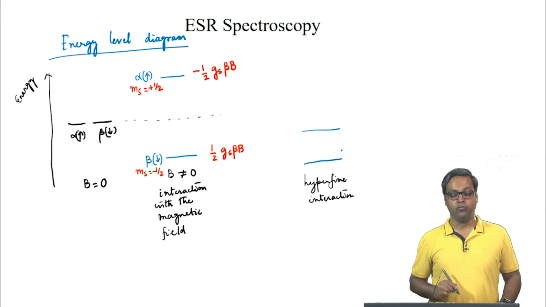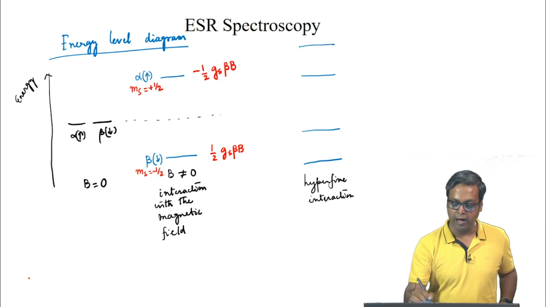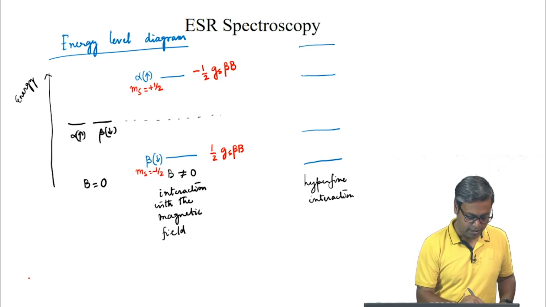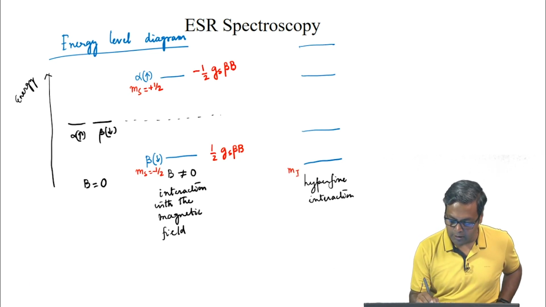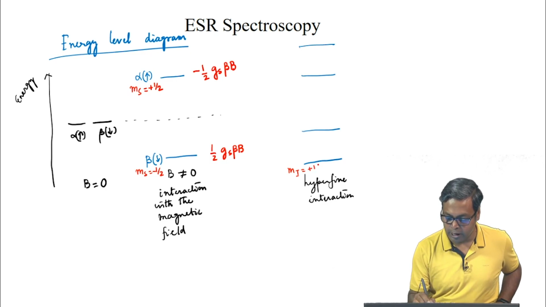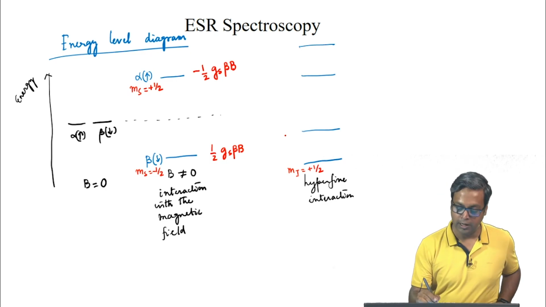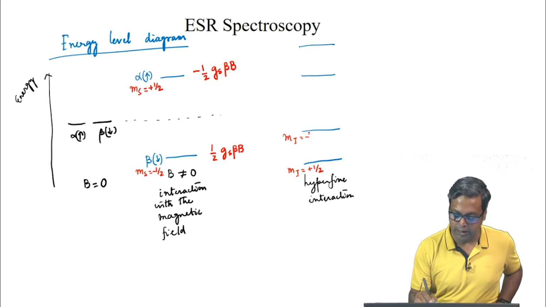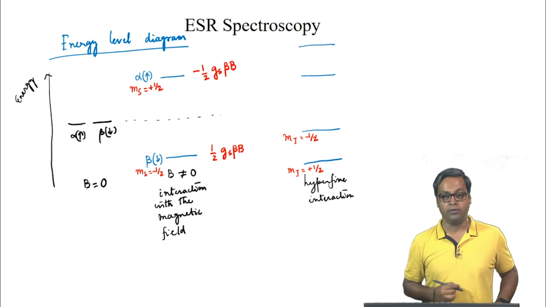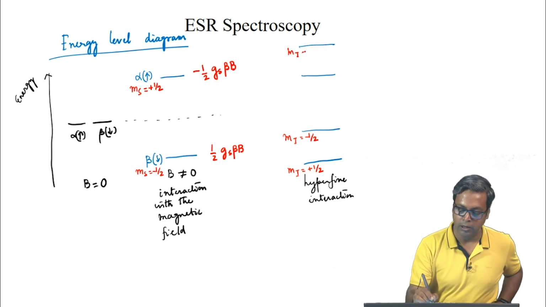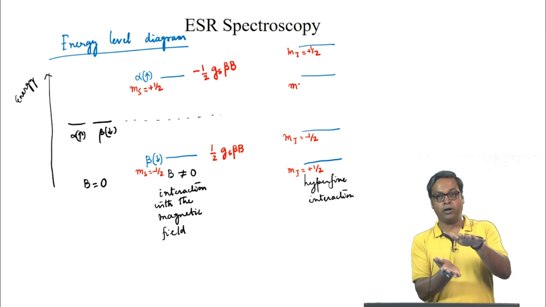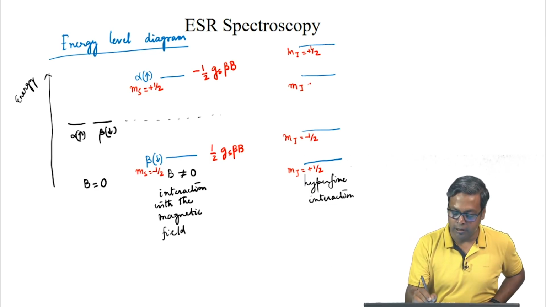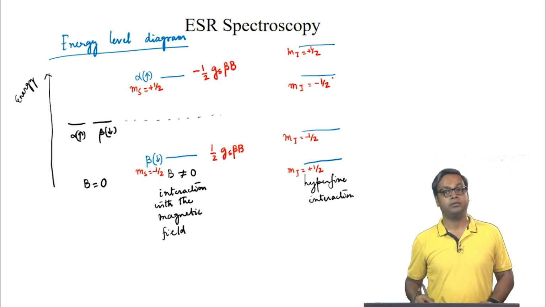Because m I can take two values, we will have 4 levels here, and let us put the m I values here. So, here m I equals plus half for the lowest level and m I equals minus half, and for the highest level m I equals plus half, and for the second highest level, that is the lower level for the alpha spin interaction, m I equals minus half.